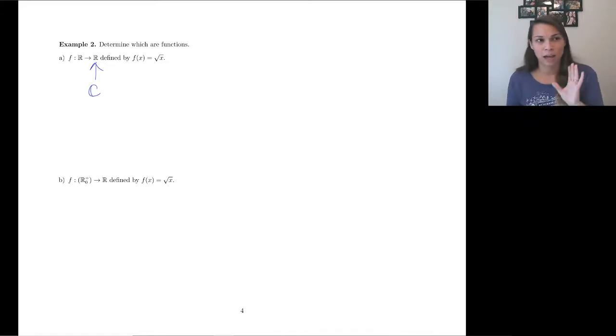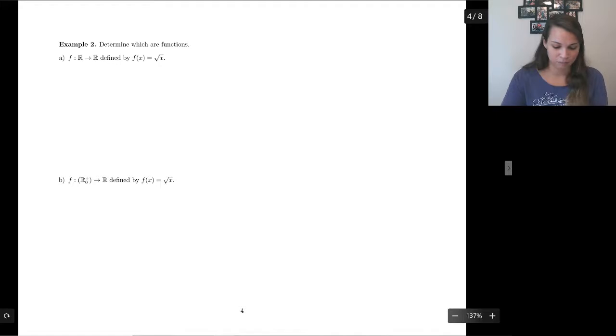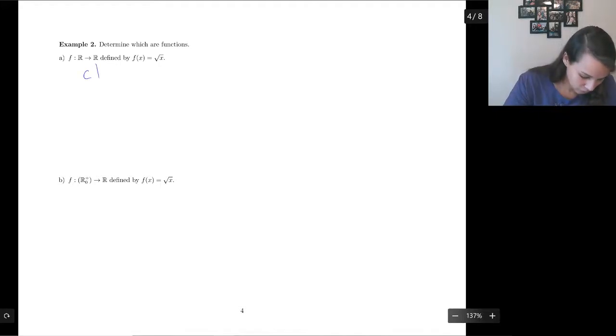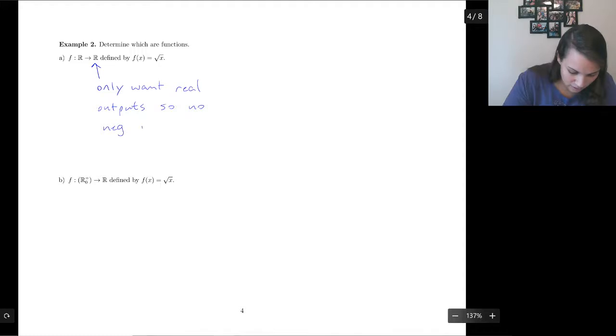I only want outputs that are real, which means I can't have negative inputs. So then not a function.